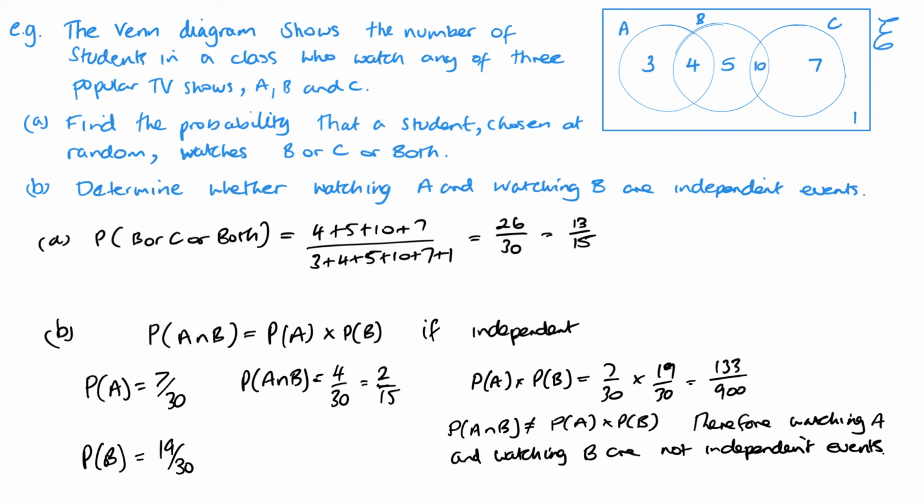So what that means in real world terms is that watching A has an impact on watching B, or vice versa. It means that they have an influence on each other, and that's why they're not independent.